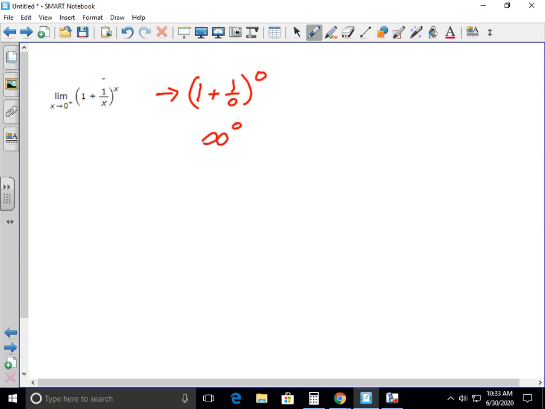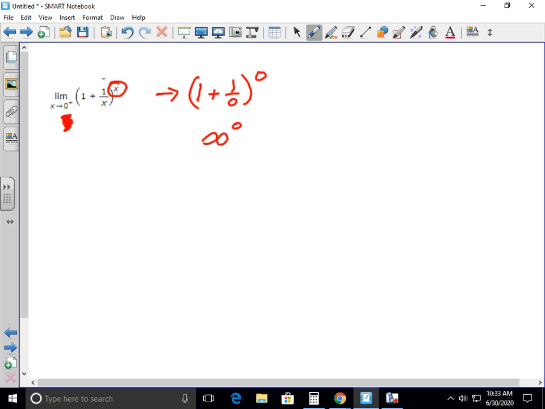Now most numbers, when we raise them to the 0 power, we get 1. But also notice x is getting close to 0.